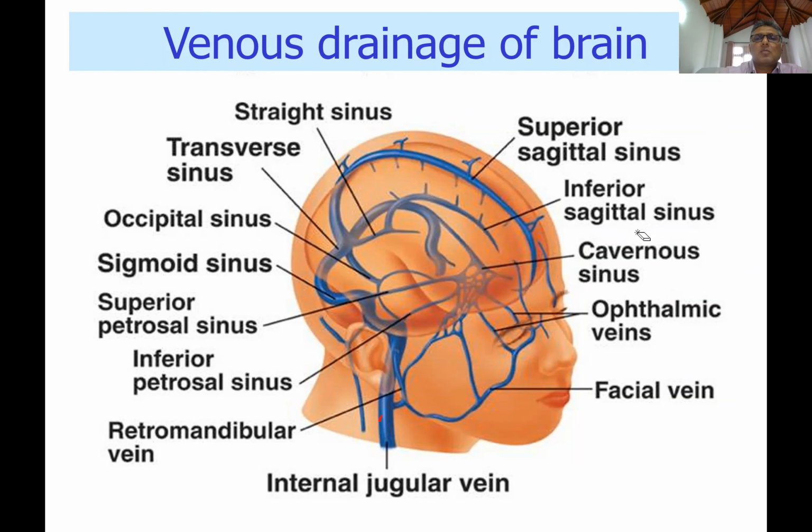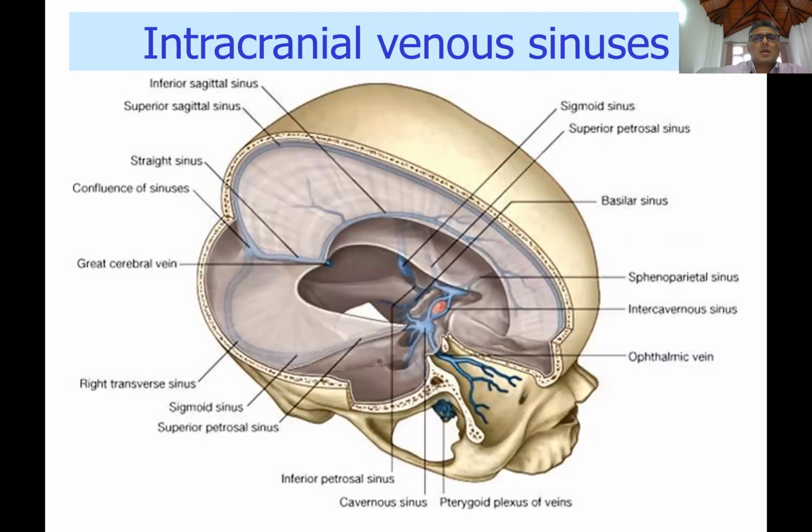Cavernous sinus thrombosis can be detected by effects on the eye, as I said before: swelling, pain, and all that. So these dural venous sinuses, learn them in relation to the falx cerebri and the tentorium cerebelli as well.